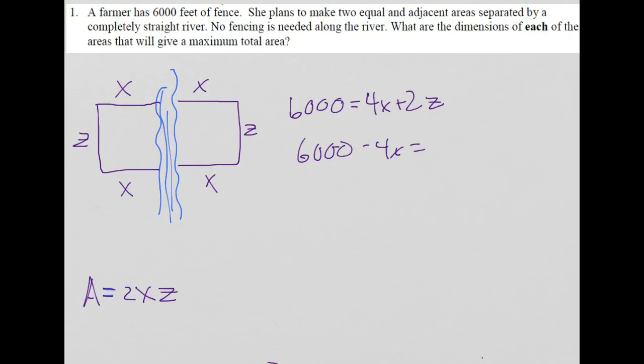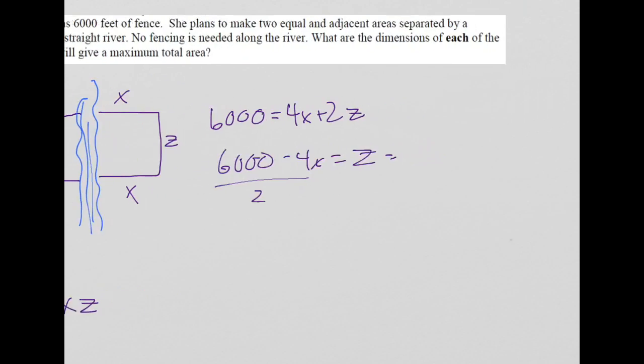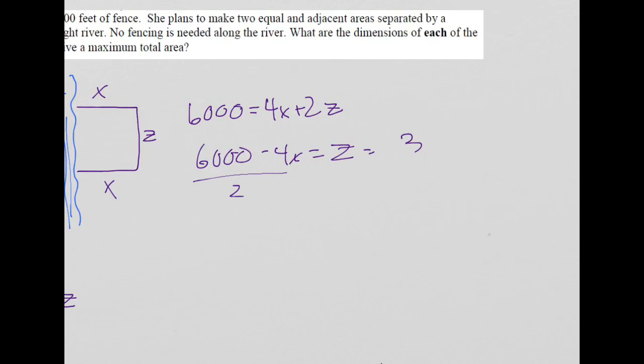I'm going to divide both sides by 2. You can simplify this again. I'm going to get 3,000 minus 2x, and I'm going to go even farther. I'm going to pull out a positive 2 and get 1,500 minus x.